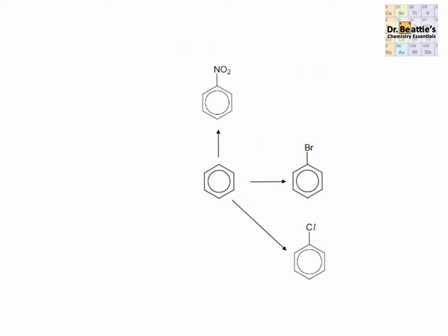So now it's time to practice to see if you can recall some of the facts that we've learned so far. So my first task is to see if you can recall the reagents and conditions for each of these transformations. Second task is to see if you can show which byproducts are formed.